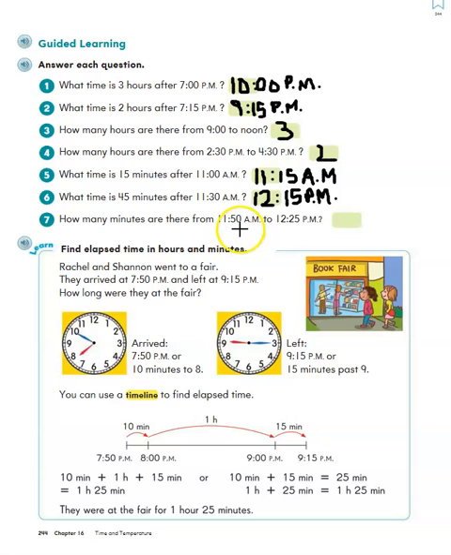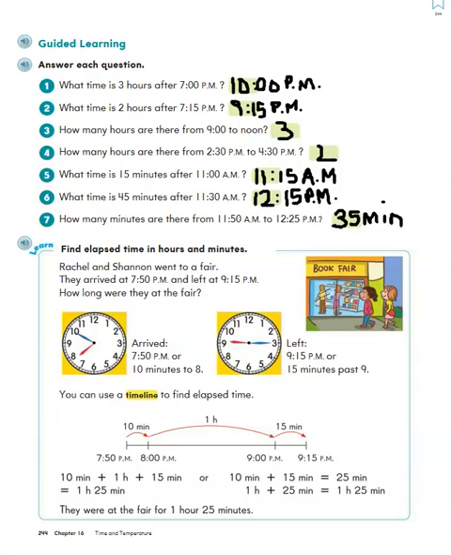So I know 10 minutes plus 25 minutes would be 35 minutes. And remember, we can abbreviate minutes with MIN.